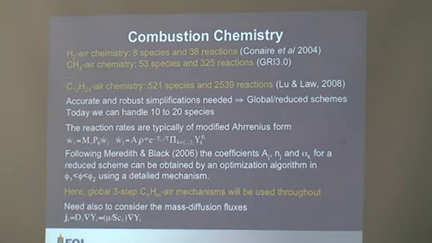And we need to develop some kind of understanding for and tools for developing reduced or global reaction mechanisms. And I would say that today we can handle something like 10 to 20 species. Beyond that, it's going to be on the expensive side for these kind of complex problems.